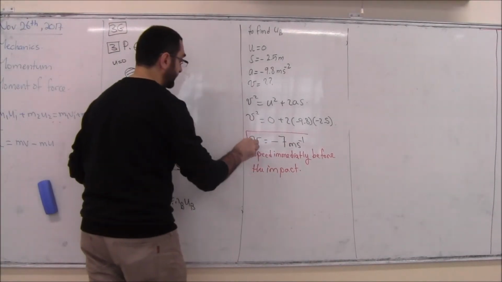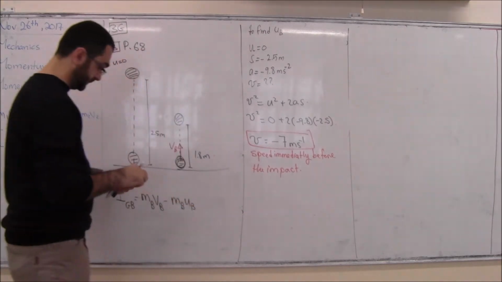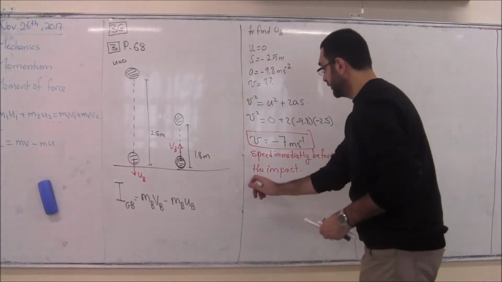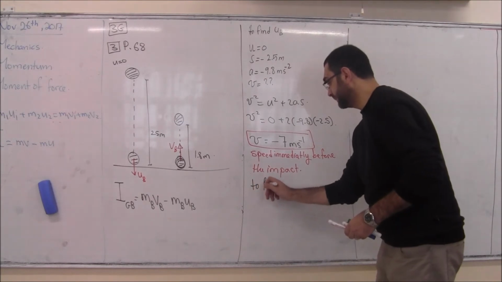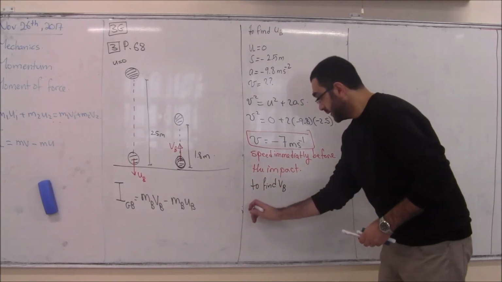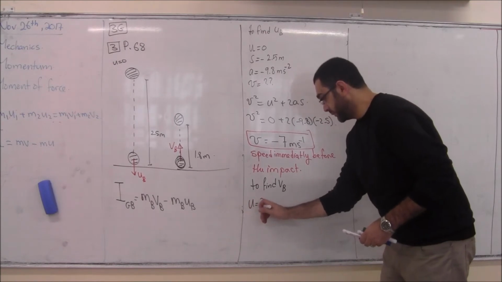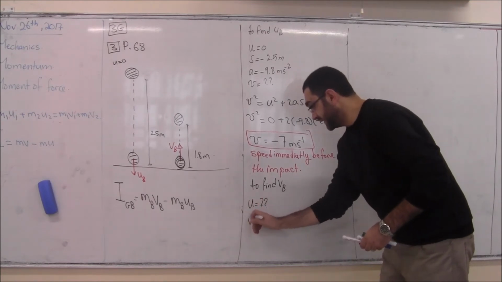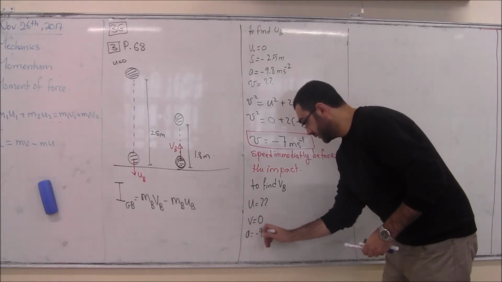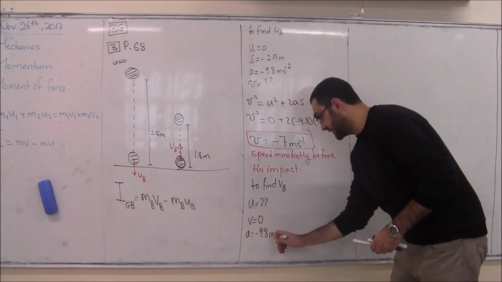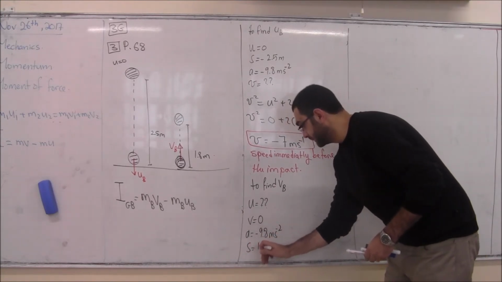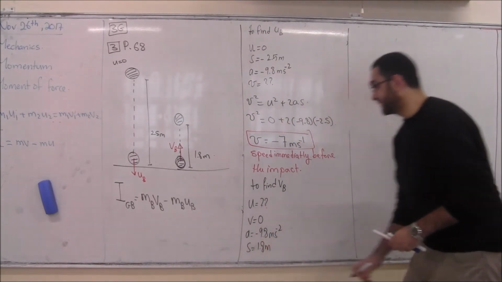How can I find the speed after the impact, immediately after? Same thing, to find V_B we need U now. V is 0, A is negative 9.8 meters per second squared, and S is 1.8.